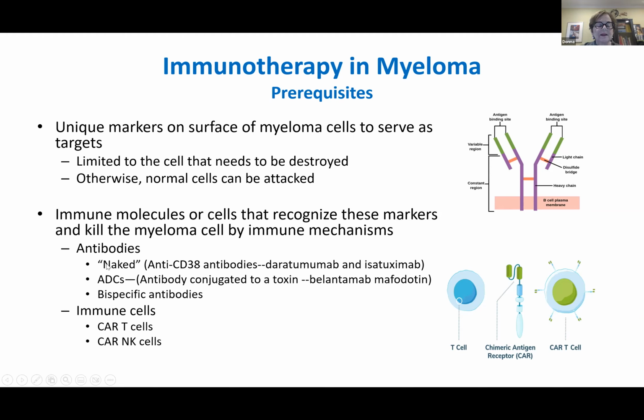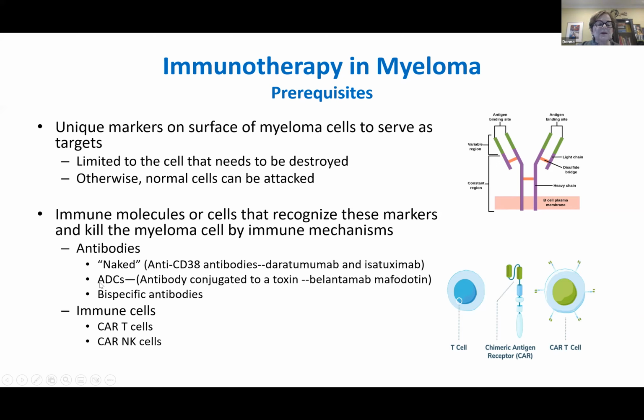And naked antibodies, if you will, refer to what we have on the market, daratumumab and isatuximab. They bind to CD38 on the myeloma cells, and they call in different armies of immune cells to kill the myeloma cell. And this really was a landmark development for myeloma.